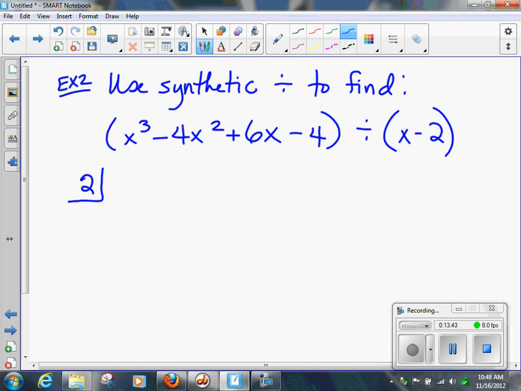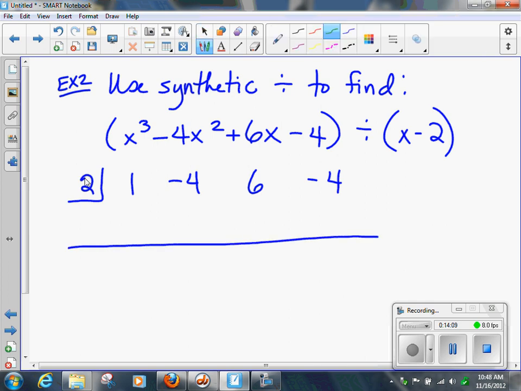What are my coefficients that I'm going to run across here? 1, -4, 6, and, okay, we got 3, 2, 1, and 0, so I'm good to go, right? Because x to the 0 is 1, and -4 times 1 is -4. Remember, anything to the 0 power is the number 1. Here we go. Draw your line. What do I do?